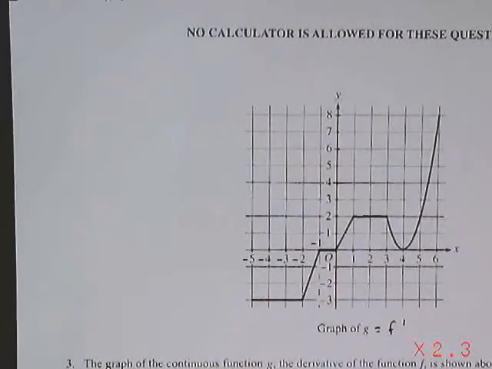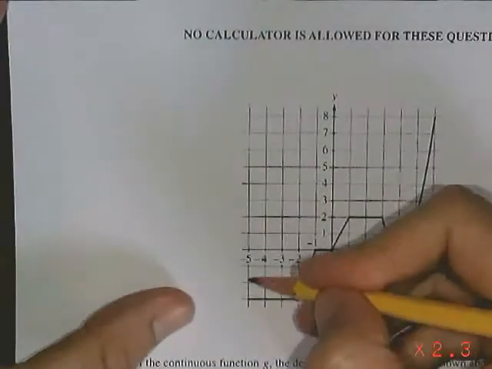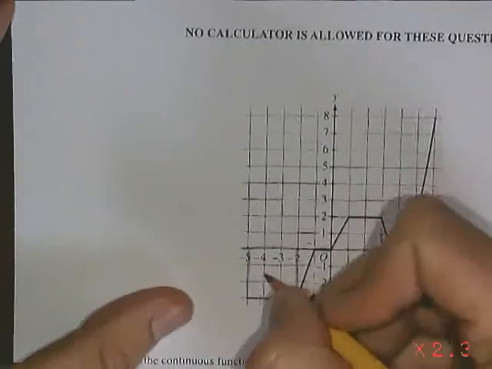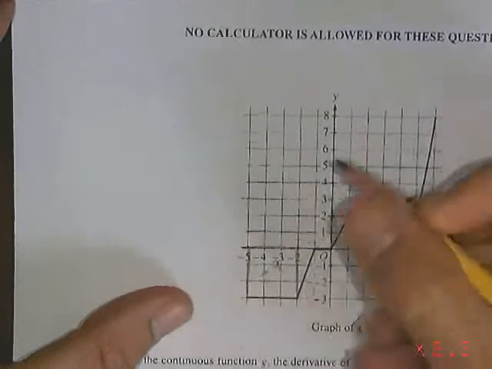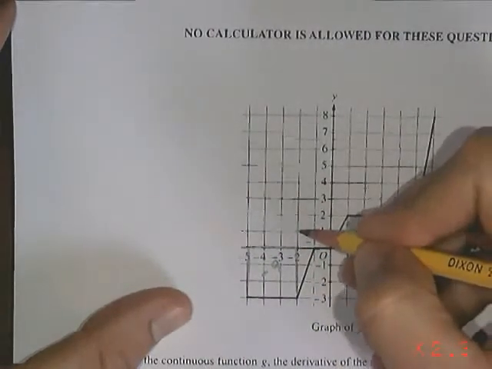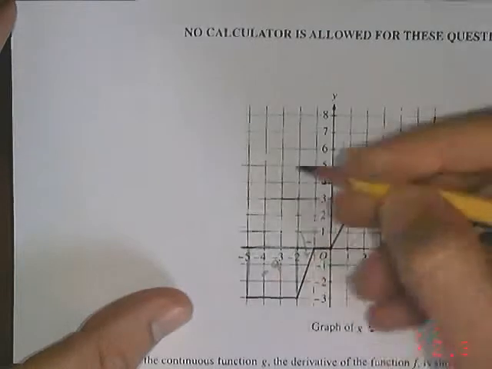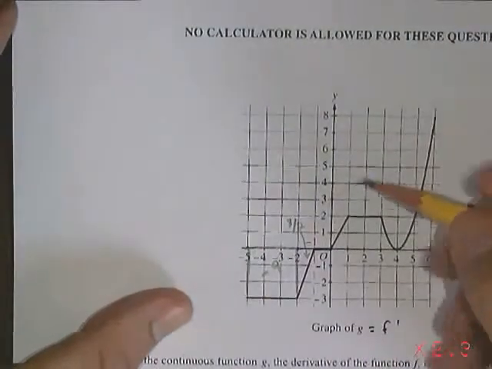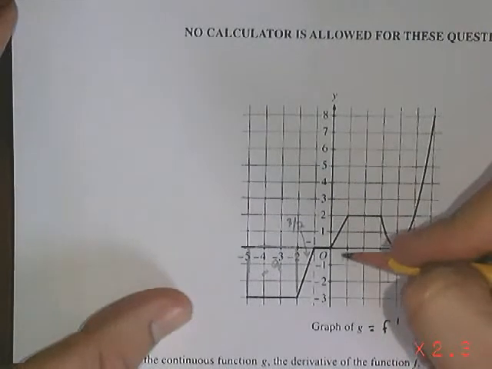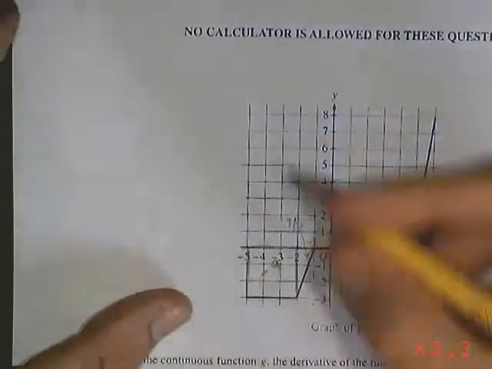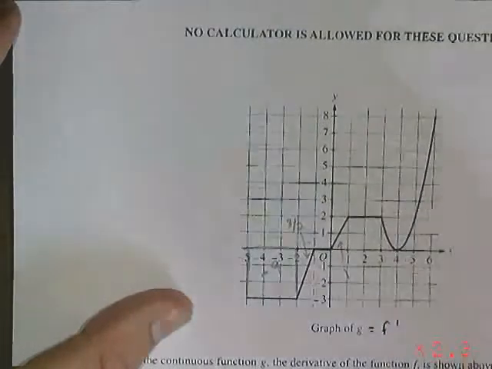I'll use a pencil here just in case I make a mistake, but this one looks like negative 9. This part right here is a triangle, base 1, height 3. Let's call that 3/2. And then this part, a triangle, base 1, height 2. We'll call that 1.